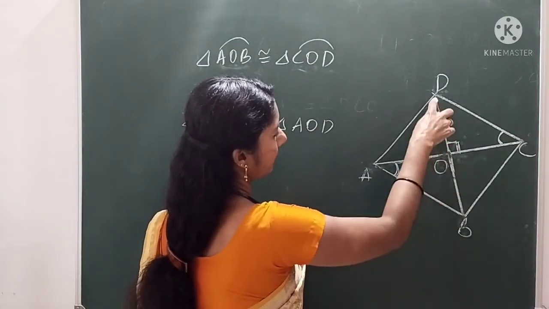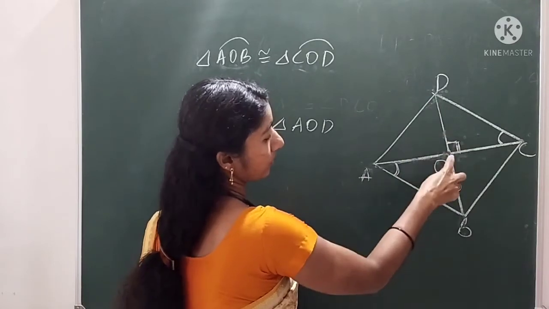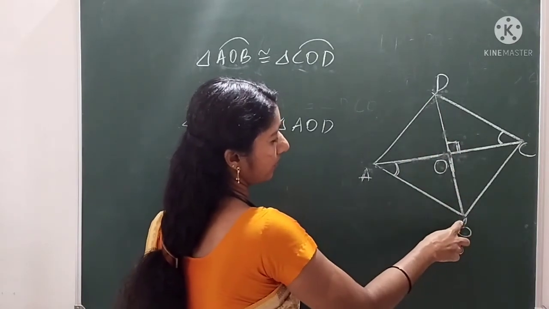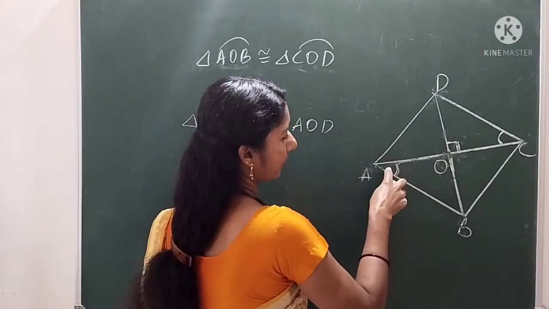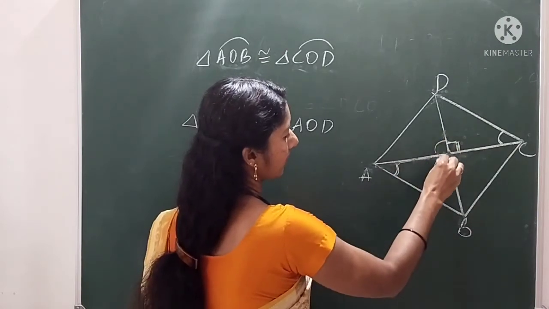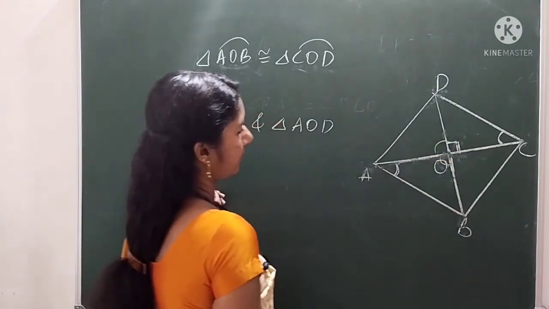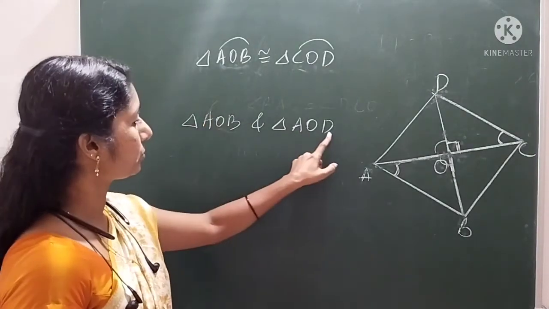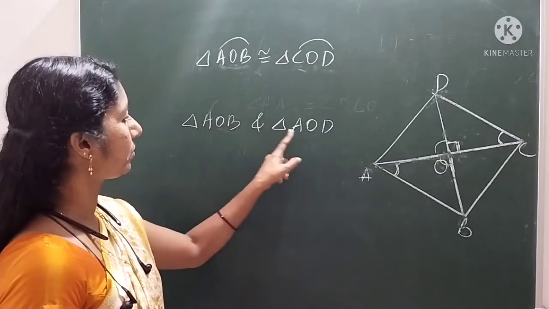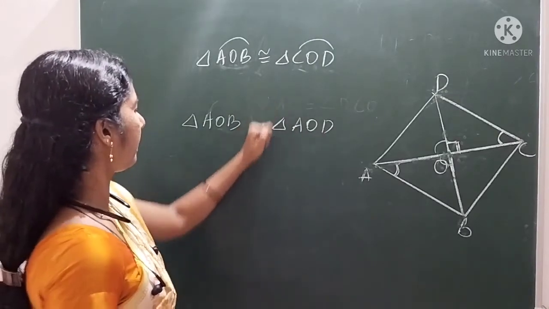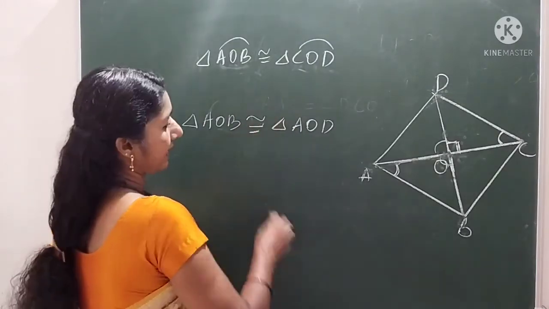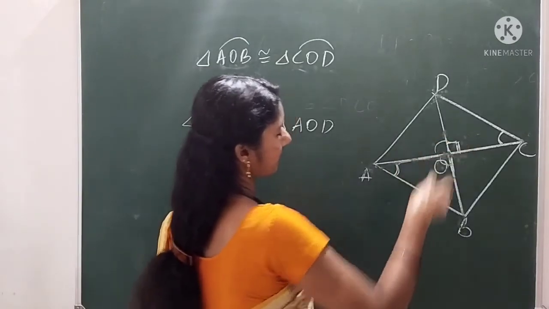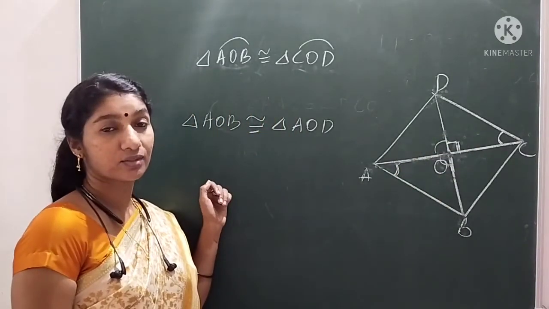OD and OB are equal. OA is common and these two angles are 90 degrees. See, AO is common, OB equals OD, and angle AOB equals angle AOD. So by SAS criteria, these two triangles are congruent.